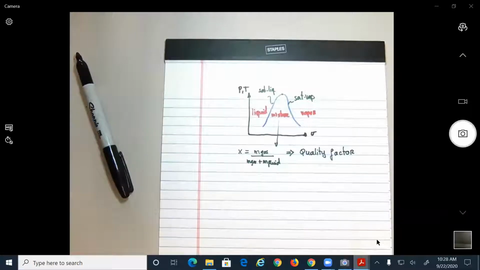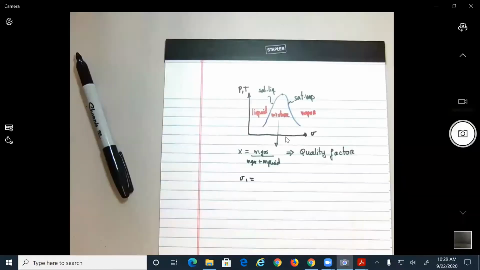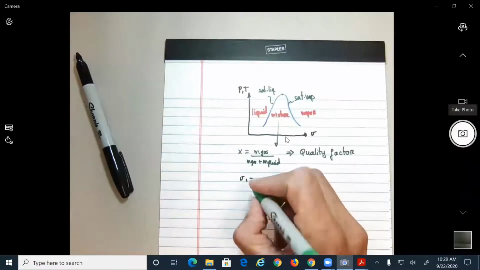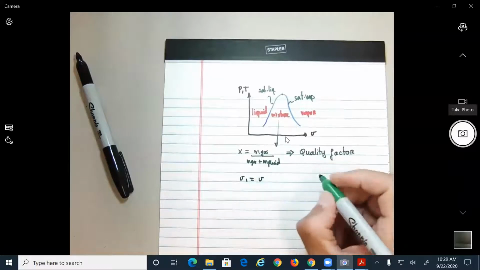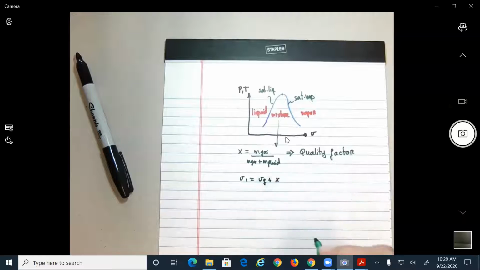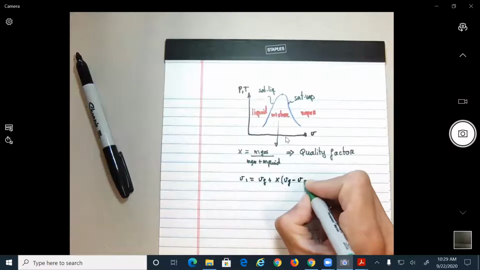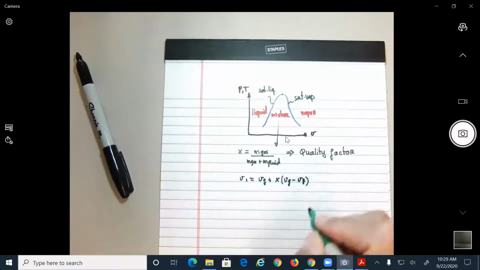Okay? So if you have a substance that is within this area over here, the way to find the value of the property is what? For example, you need to find the specific volume. You will write down V1 will be equal to V fluid, or V liquid, plus X, the percentage, times V gas minus V fluid.